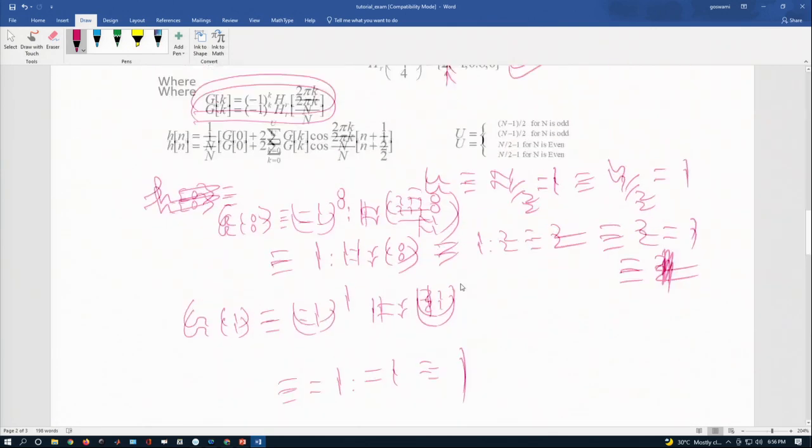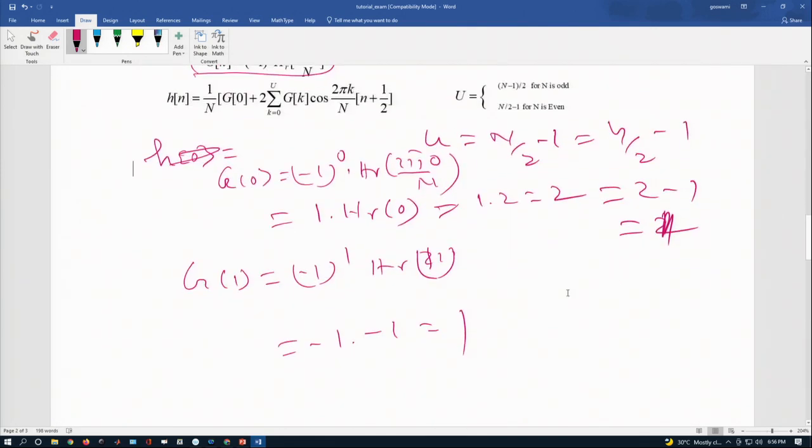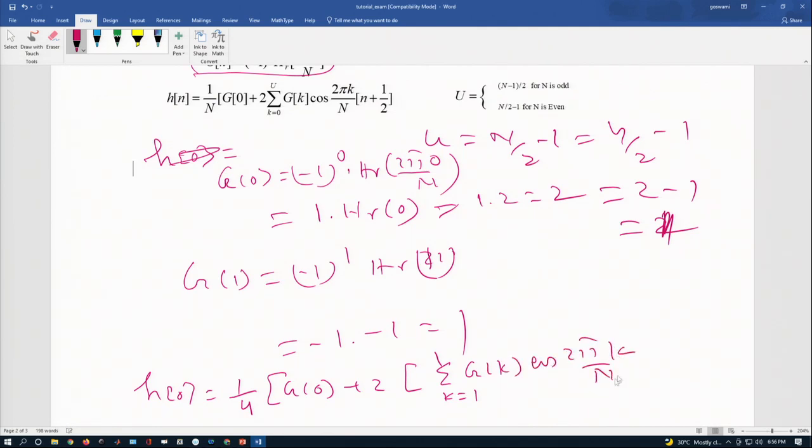Now, if I want to calculate h0, what is the value of h0? h0 is equal to 1 by M, with M equal to 4, times G0 plus 2 times the sum from k equal to 0 to 1 of Gk cos of 2 pi k by M into n minus u, with n equal to 0, so into half. Now k equal to 0 to 1, so there will be two parts.